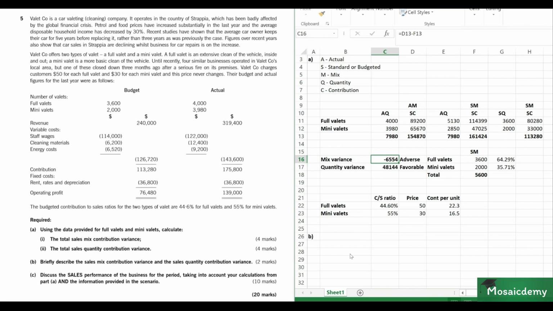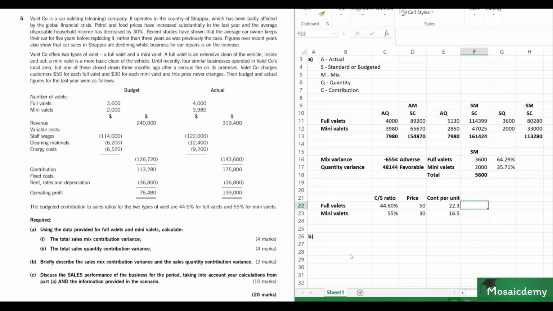That whenever we have our standard mix in which we'll make a certain amount of profit and contribution if we sell on those proportions. So the standard mix proportions were 64% for full valets, 36% for mini valets. If we had stuck to that proportion, we would have made a certain profit or contribution. If we had changed that proportion, we would either have made a higher profit or lower profit than the standard mix, okay? When would that have happened?